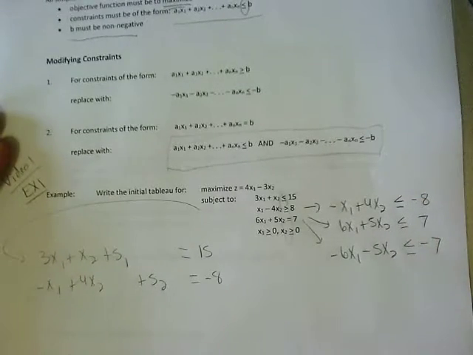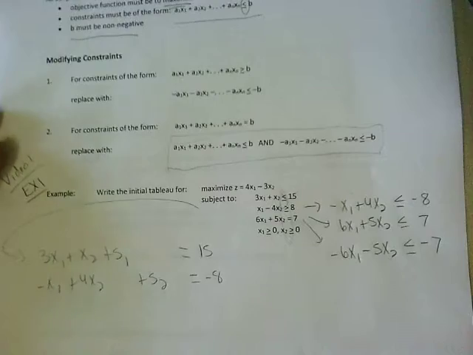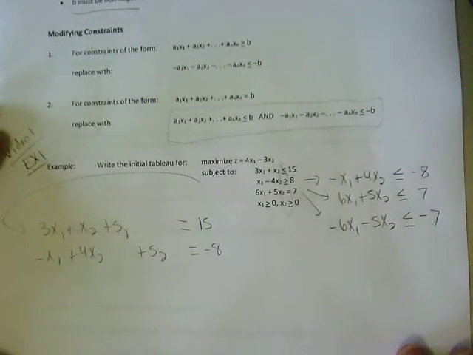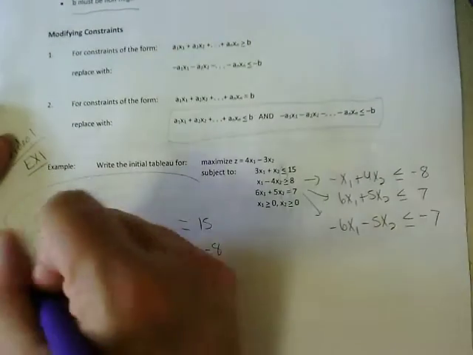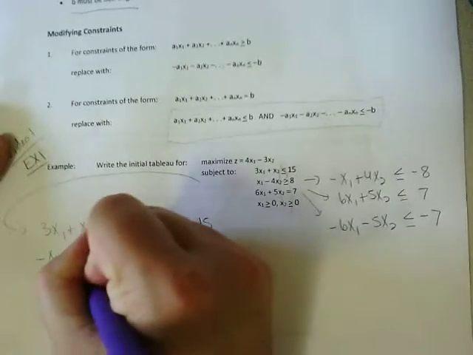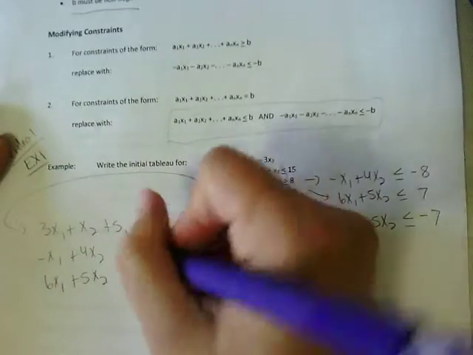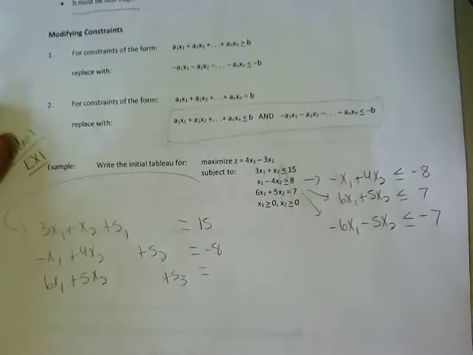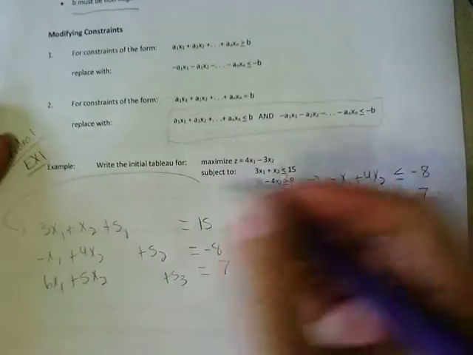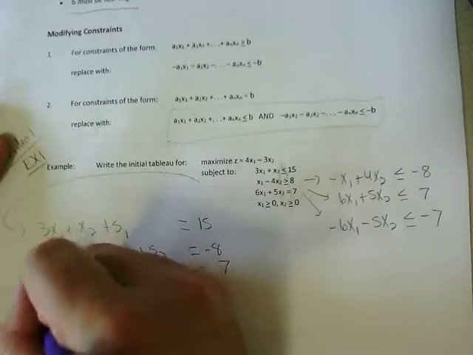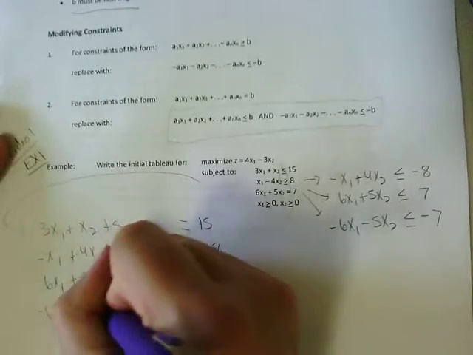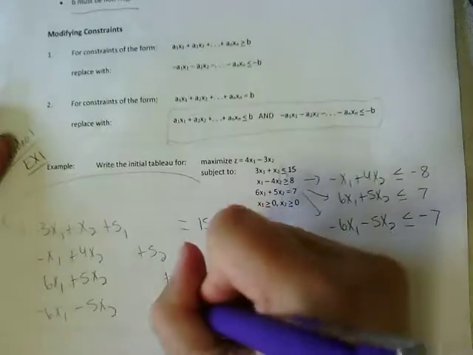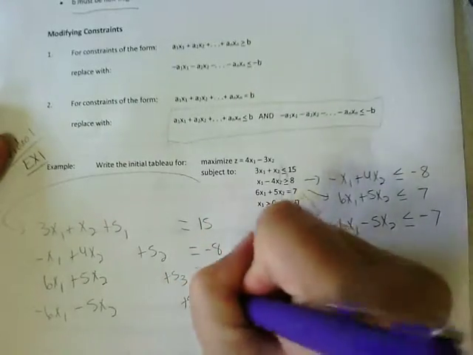All right, so when I put both of those into my list of equations over here, I'm going to get 6x1 plus 5x2 plus s3 equals 7. I'm going to get negative 6x1 minus 5x2 plus s4 equals negative 7.